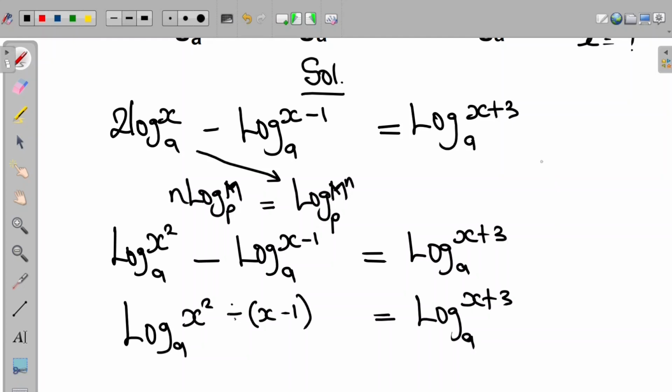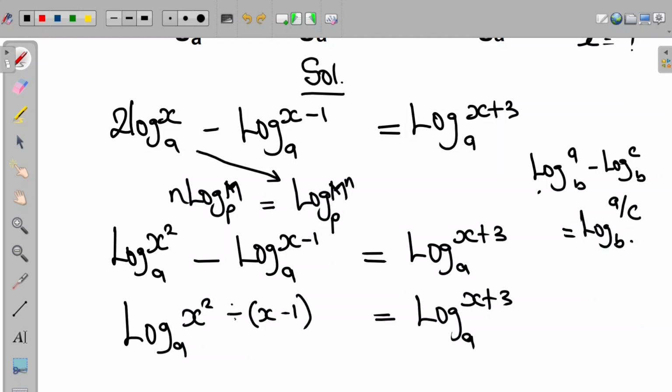Recall that if I have log a in base b minus log c in base b, this can be expressed as log a divided by c in base b.